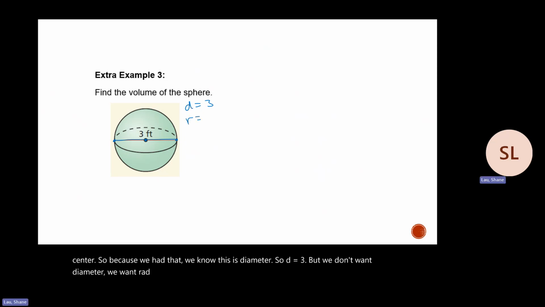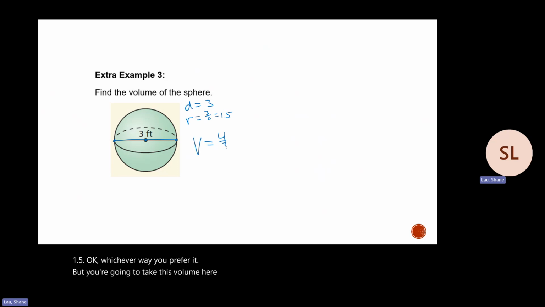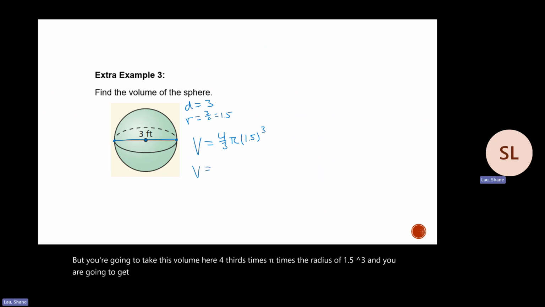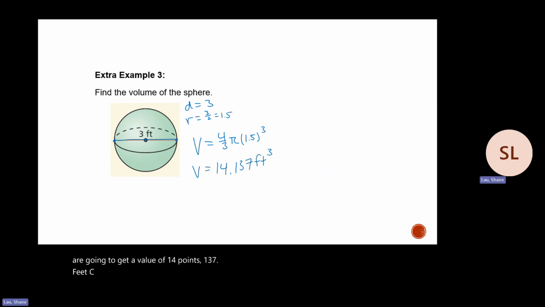We just divide that by 2, we get 3/2, which is equal to 1.5. Whichever way you prefer it. But you're going to take this volume, 4/3 times pi times the radius of 1.5 cubed, and you are going to get a value of 14.137 feet cubed. And that is it.